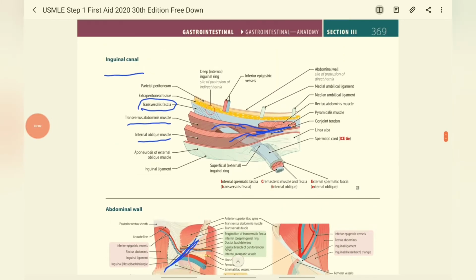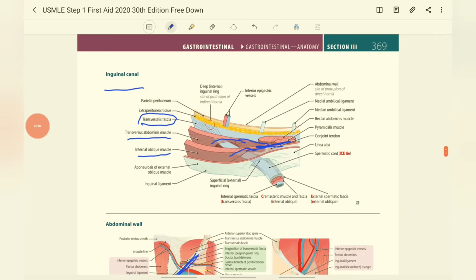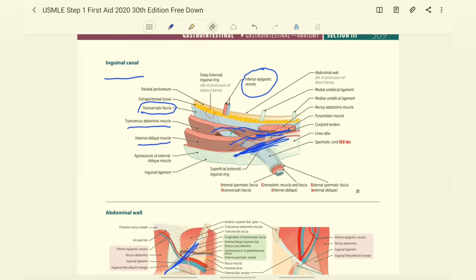So the anterior wall of the inguinal canal is the external spermatic fascia, which is over here. We can see the inferior epigastric vessels, which are present medial to the inguinal canal. The inguinal canal is formed by three fascias.